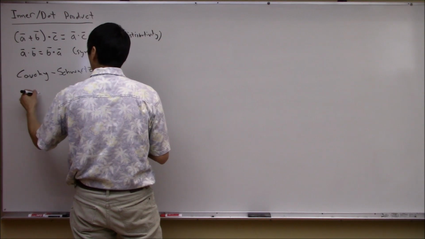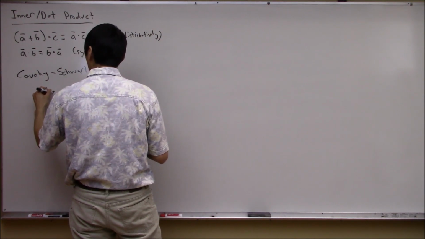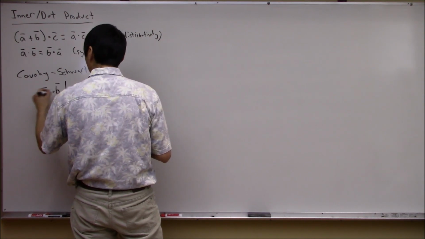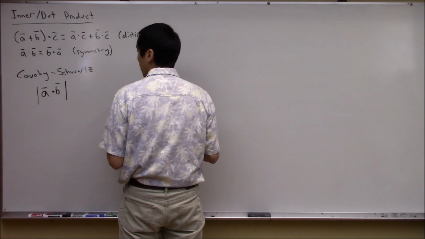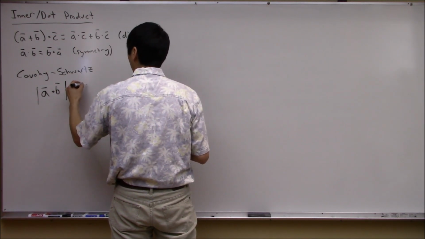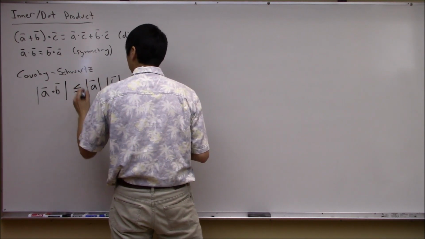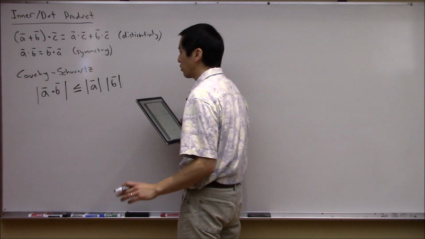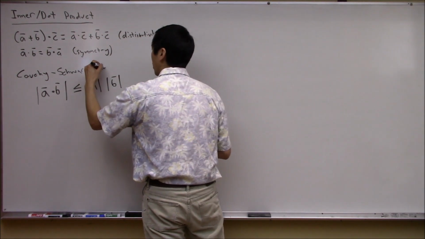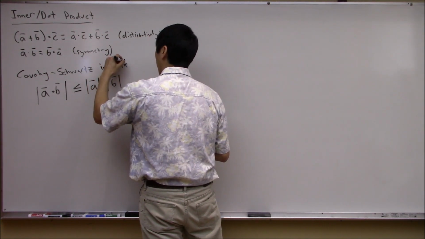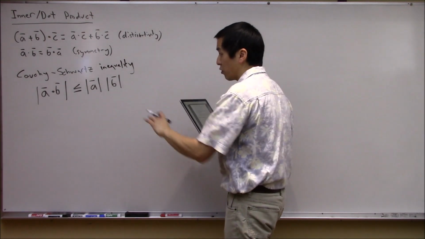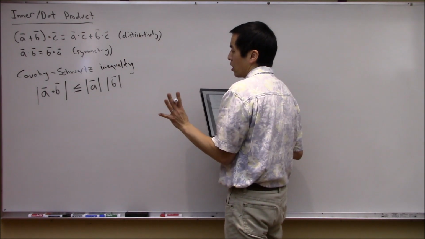In other words, if you have A dotted with B, this thing's magnitude is less than or equal to the magnitude of A times the magnitude of B. Again, this is known as the Cauchy-Schwarz inequality, and it is very famous, and we're going to see it's useful in some analysis.